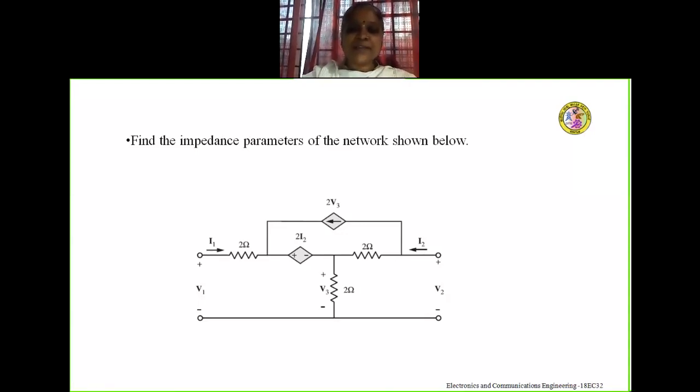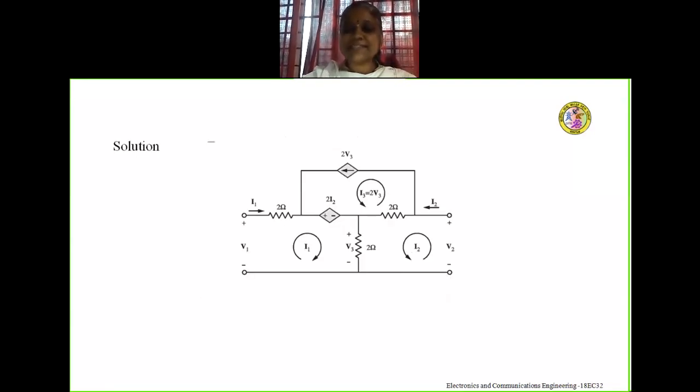By representing I1, I2 and I3 as the currents through these three loops respectively, and applying KVL to all the three loops, we can find all the different Z parameters. I1 is the current through loop 1, I2 is the current through loop 2 and I3 is the current through loop 3.